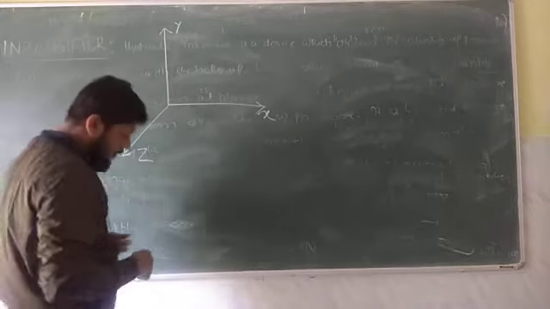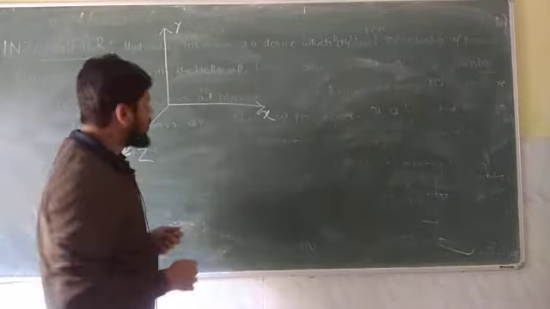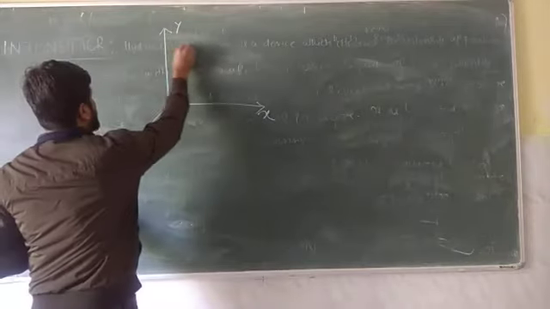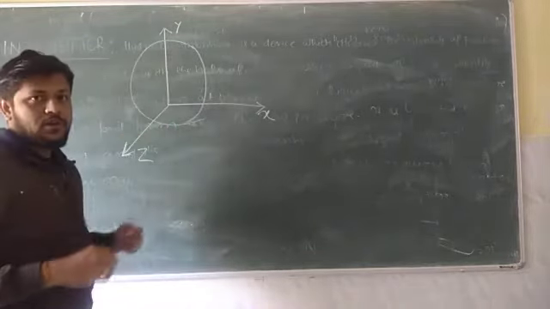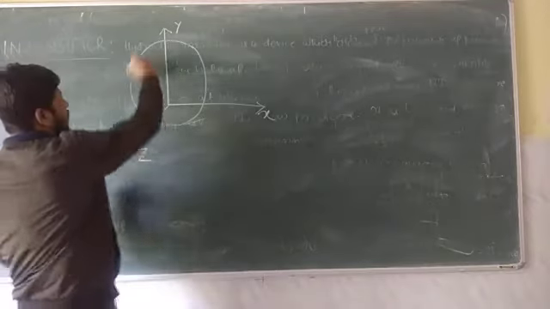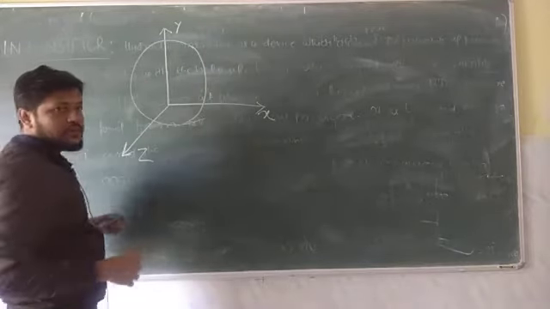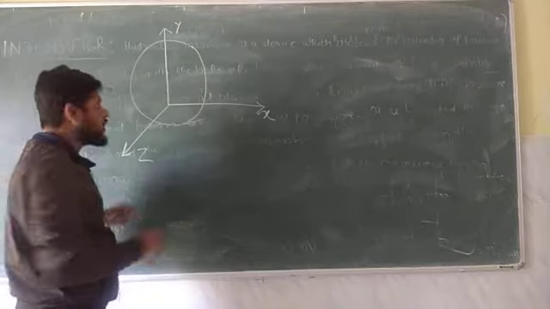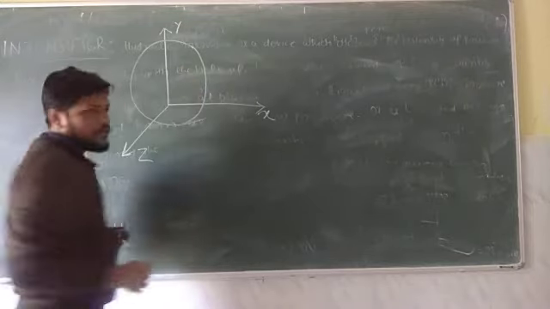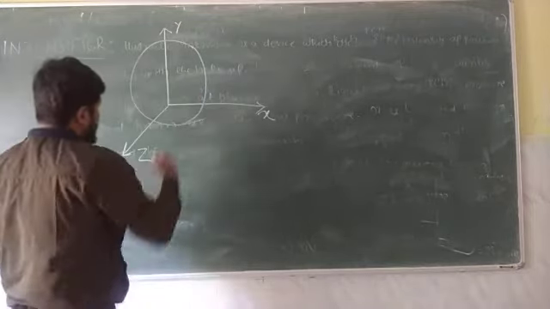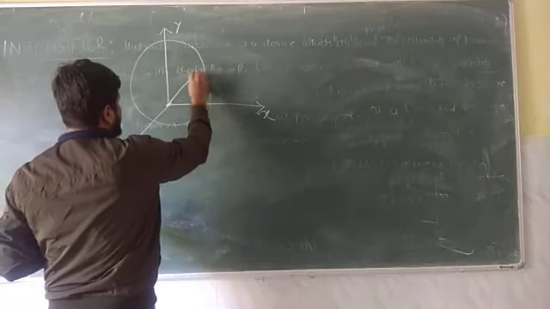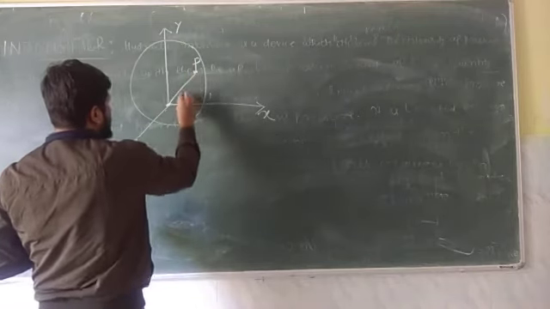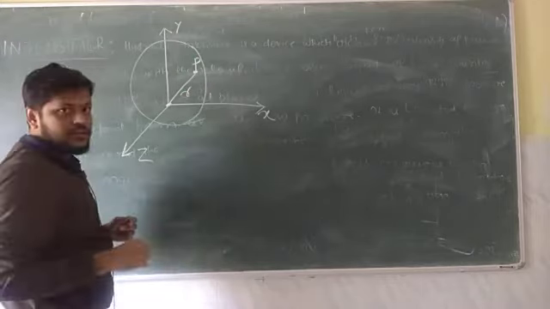But in antenna we will measure everything in terms of a sphere. So suppose this is your sphere. A sphere is also a 3-dimensional object. I am showing here just the outer surface, which looks like a circle, but it is actually a 3-dimensional object. Then how do we measure this? From the center to any point, suppose this is point P, this length is your radius.